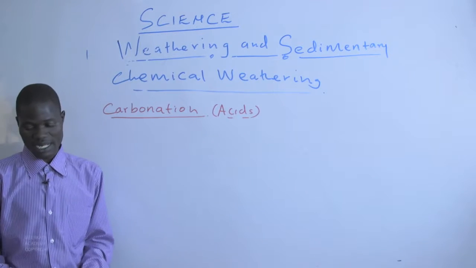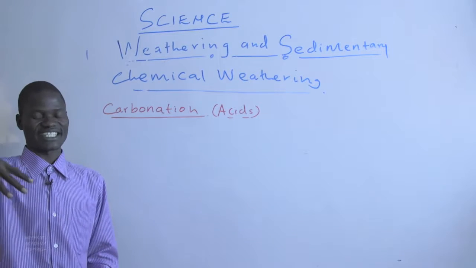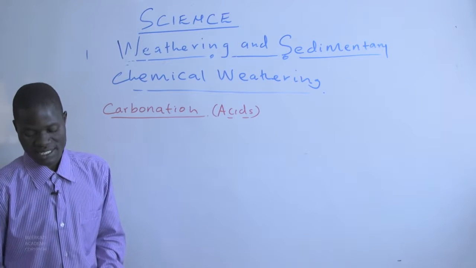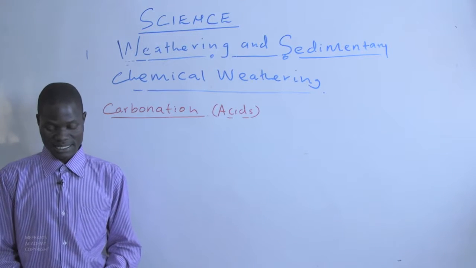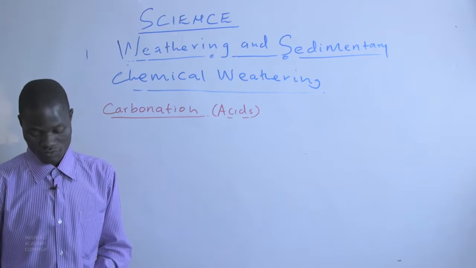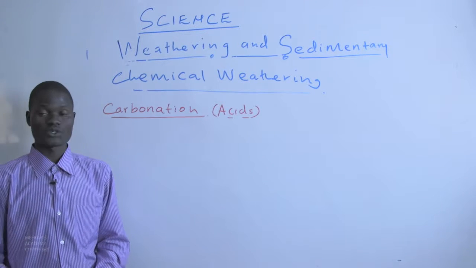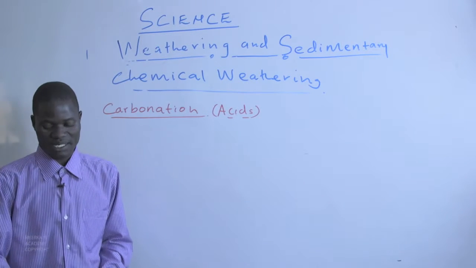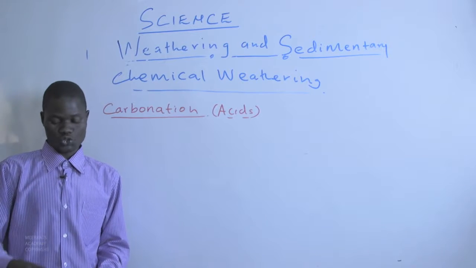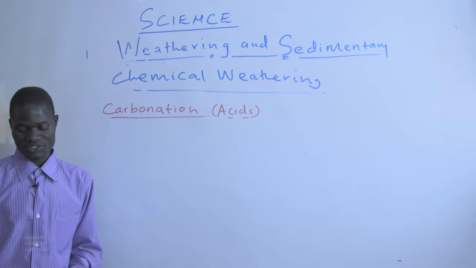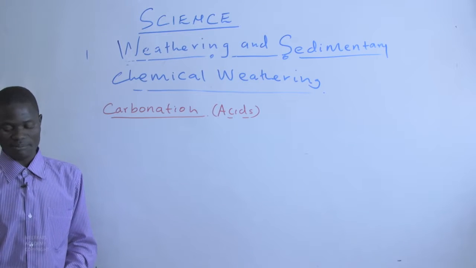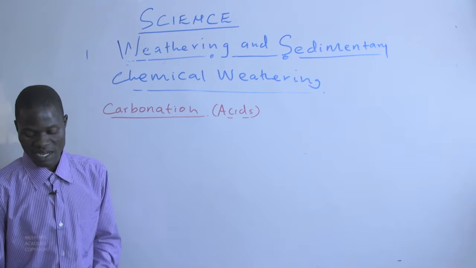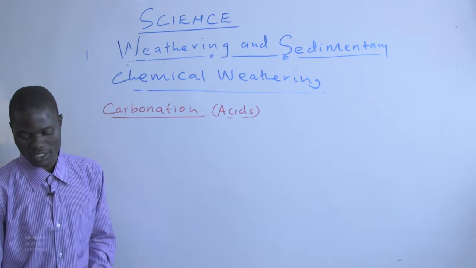Carbonation is the process that occurs especially when rainwater percolates into the rocks. It carries with it some dissolved gases such as carbon dioxide. This produces a weak acid in the rocks, and this acid becomes stronger when it continues to percolate deeper into the soil, because it may meet other acidic substances, for example the organic substances found in the soil.